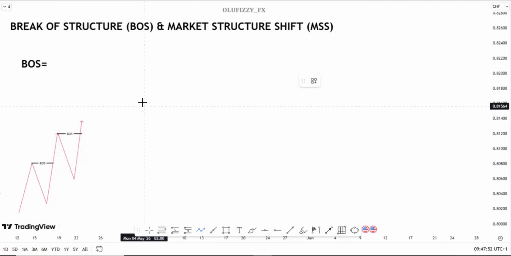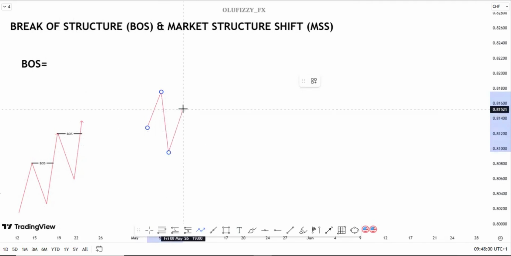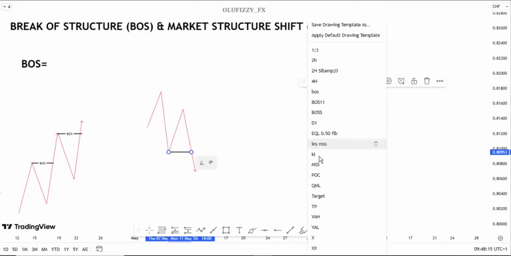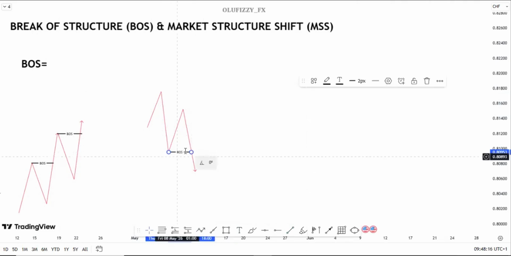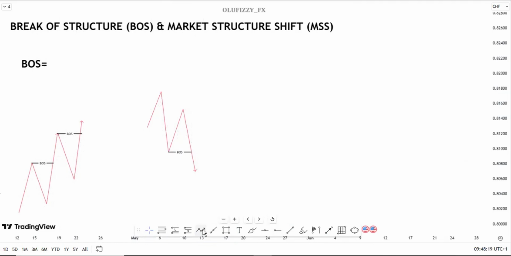Let's take a bearish example. We have a high, we have a low. When price gives us this pullback and comes to break this low here, that is a bearish break of structure, because price broke this structure to the downside. Let's say price gives us another pullback and creates a lower low.